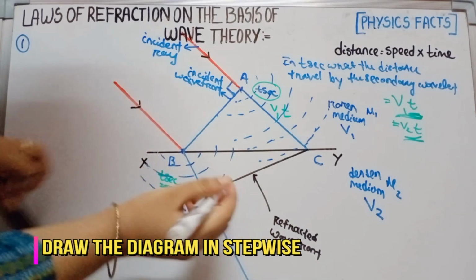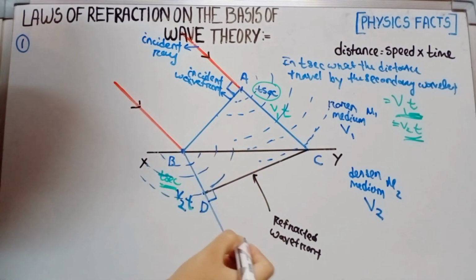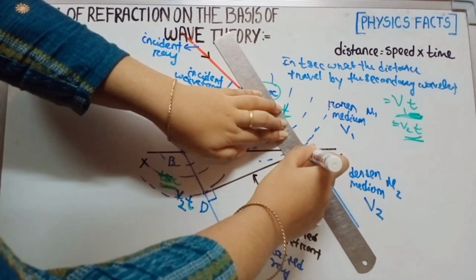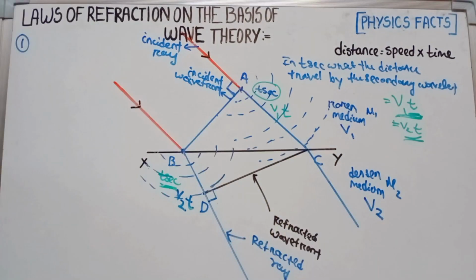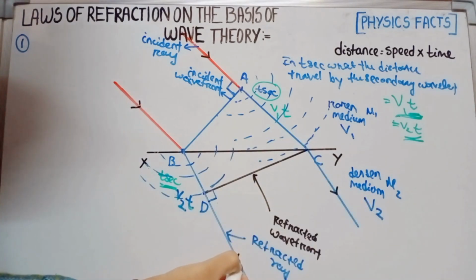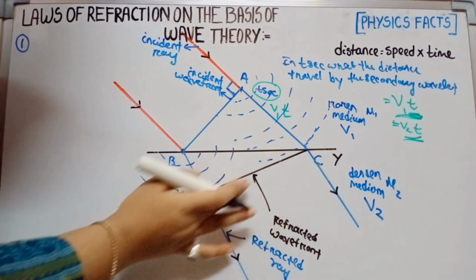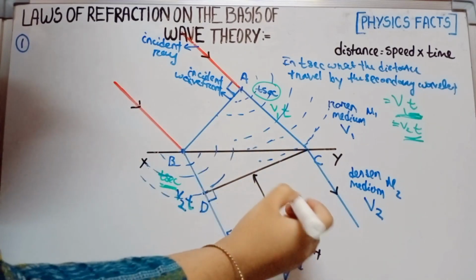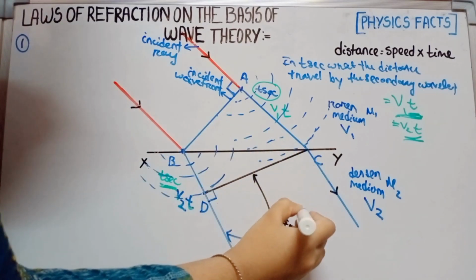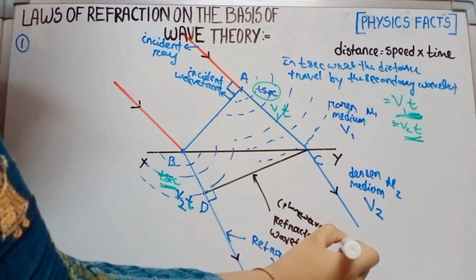These are the two refracted rays which are parallel to each other. That means this refracted wavefront is also a plane wavefront.